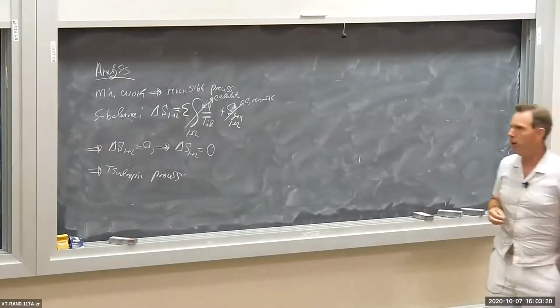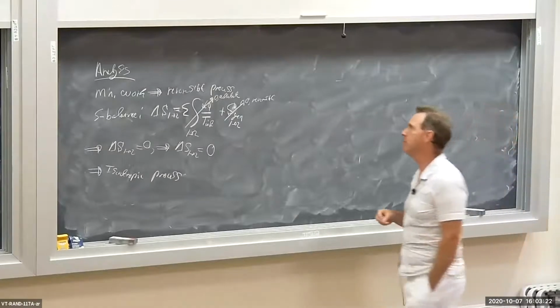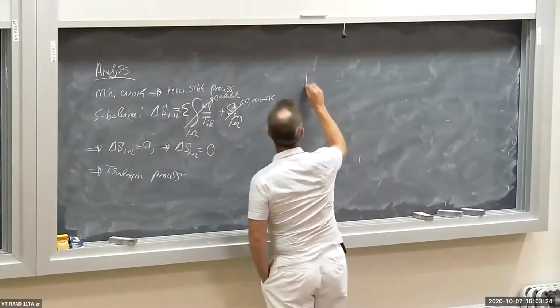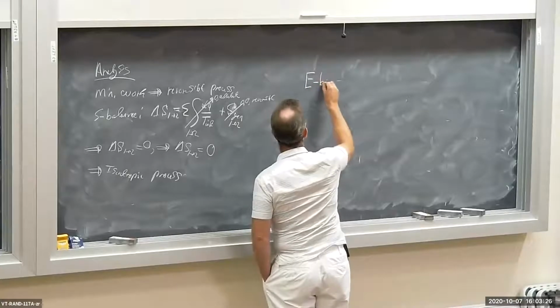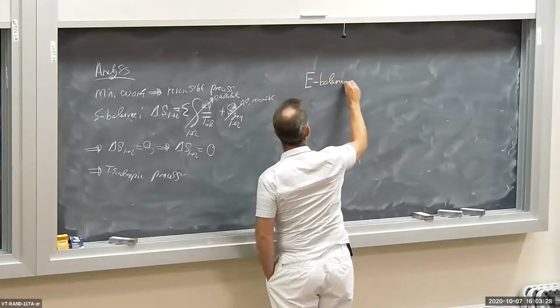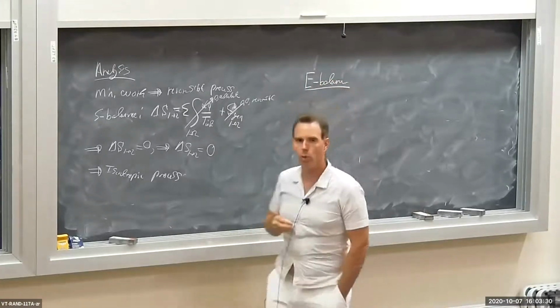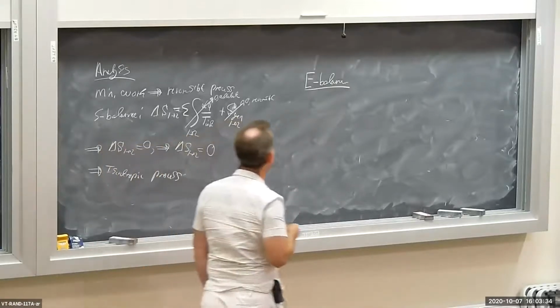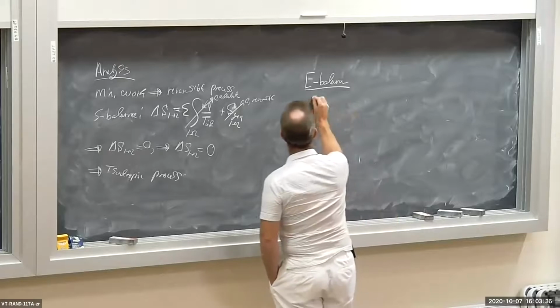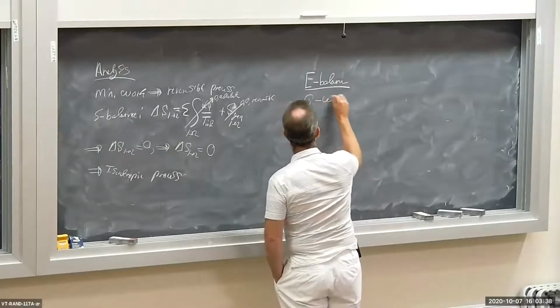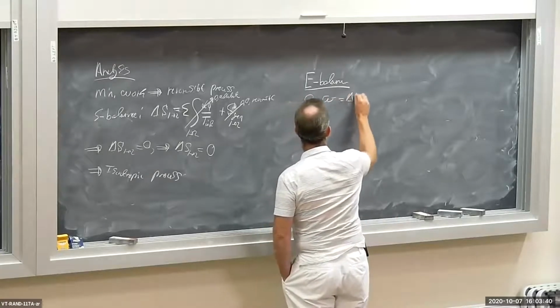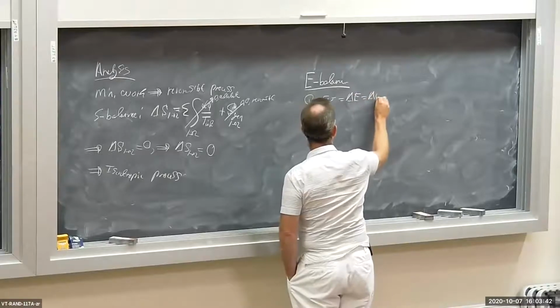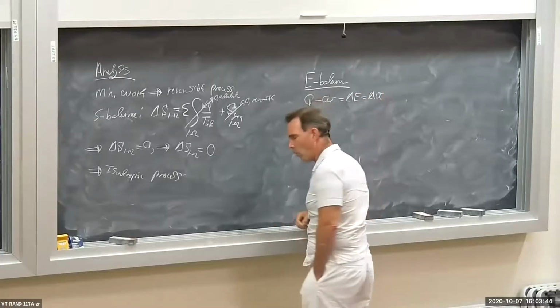Now let's also apply the energy balance to our air, because we're interested in a minimum work. Well, Q minus W is equal to delta E, which is equal to delta U. Why is it equal to delta U?